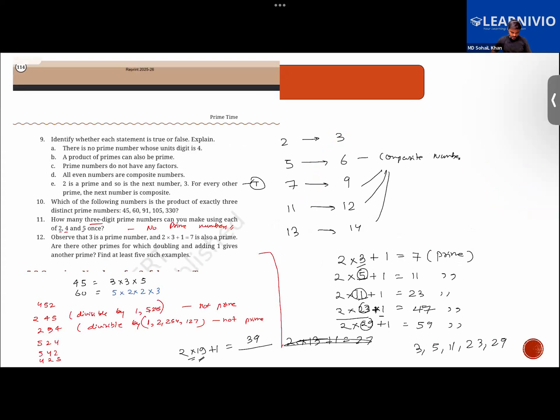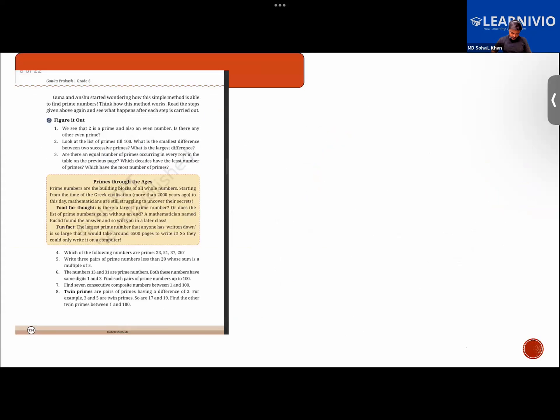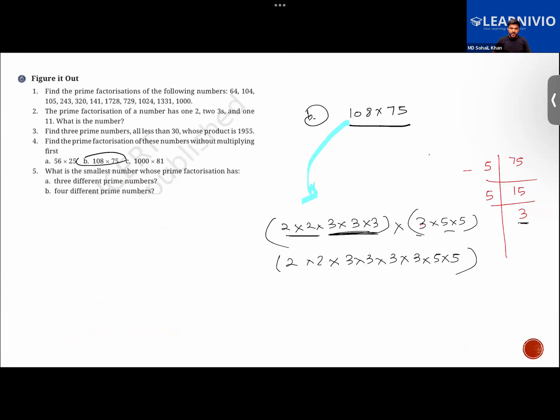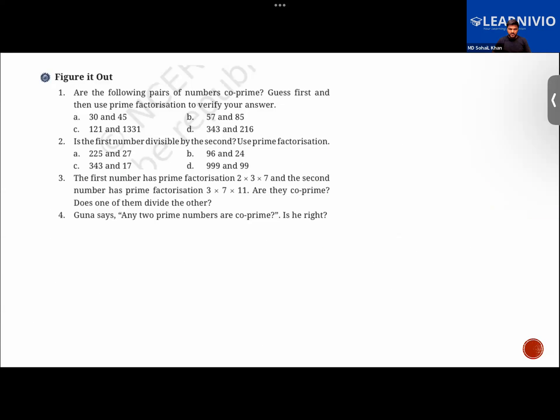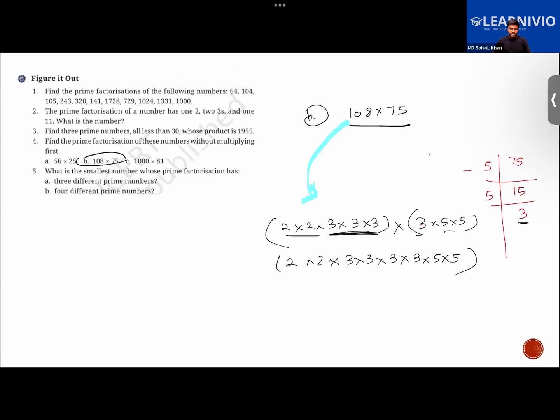Which one, this one? No, that assignment question. Oh, I actually erased that. Okay, no problem. At that time you should have actually taken it.